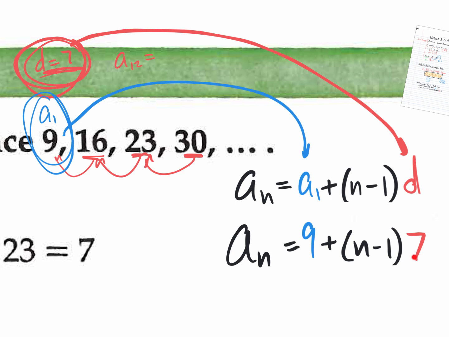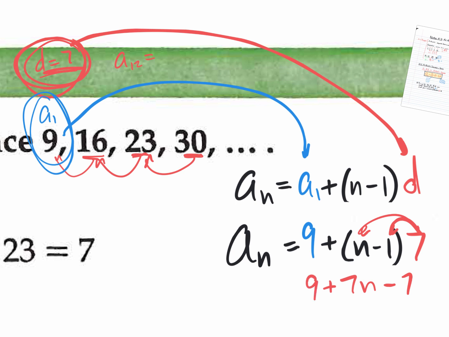Now, this is a function machine that produces the list, but let's first clean this up. What do I mean by clean this up? You have 9 plus parentheses times 7. Let's actually simplify it. And we must distribute before adding. So let's distribute. We have 7 times n, that's 7n. 7 times negative 1, that's negative 7. And of course, bring down the plus and the 9.